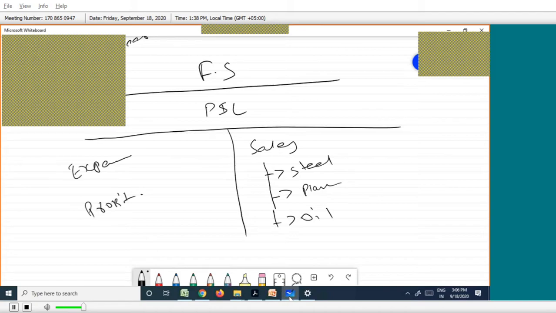Plastic, this much. Oil, this much I generated. I spent for steel this much, plastic this much, oil this much. I'm asking a question: will the company usually give it like this?